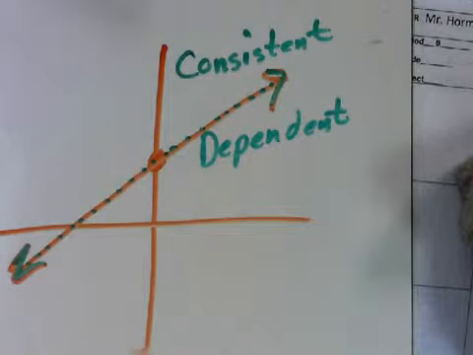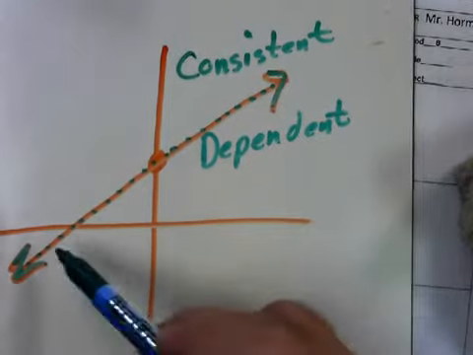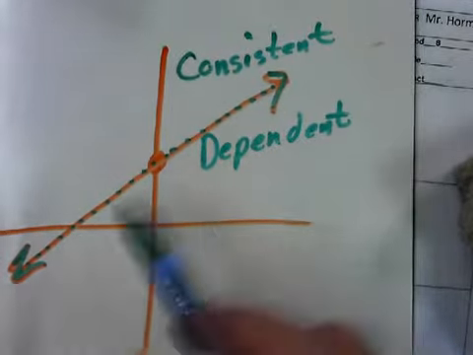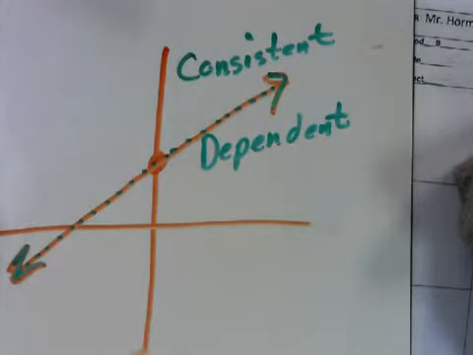How many solutions do you have if you have exactly one line on top of the other one? Infinite. You have infinite solutions.